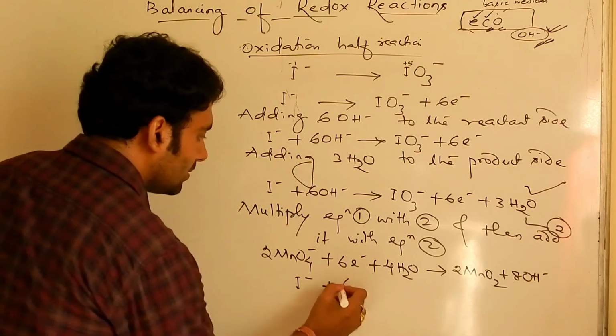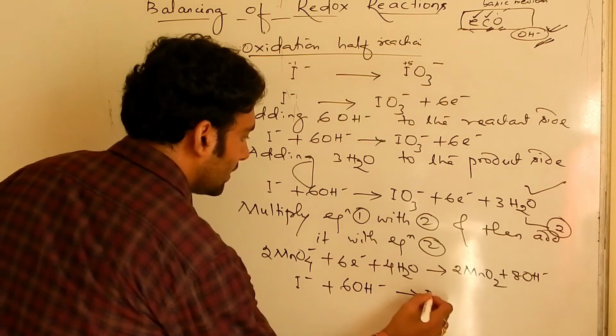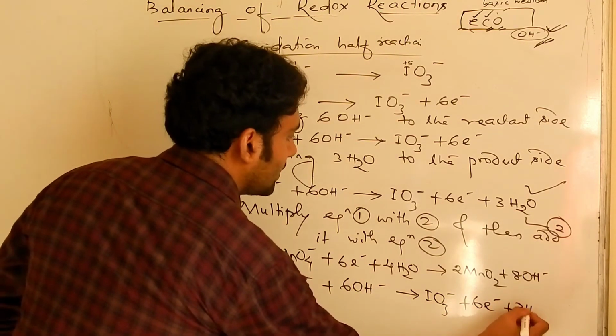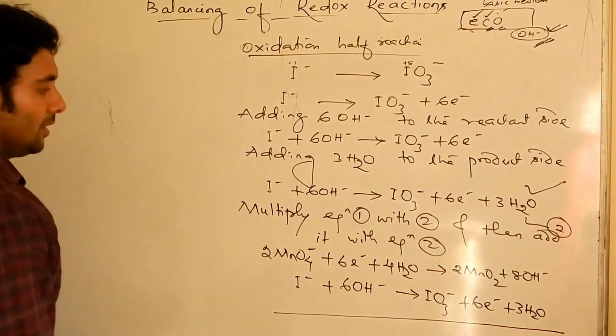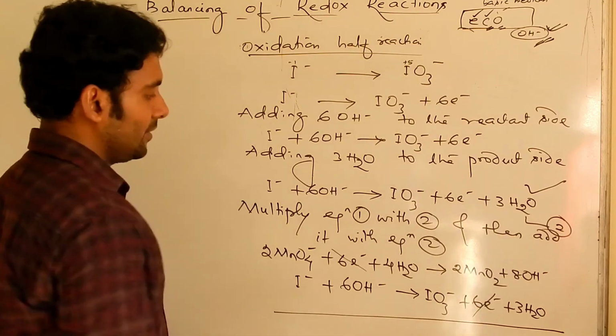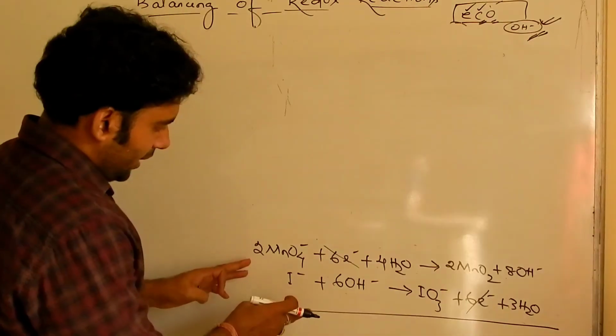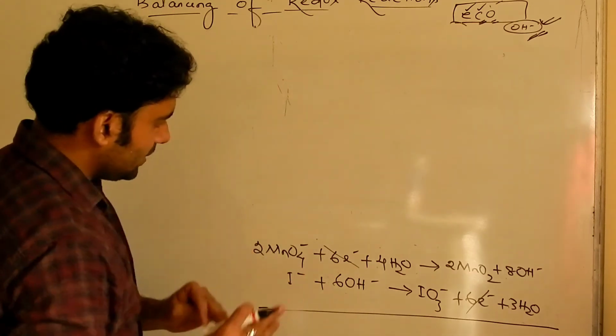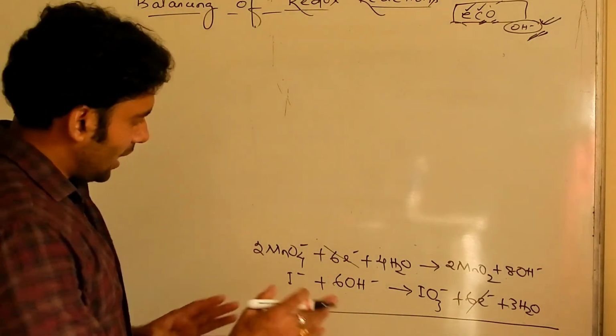I⁻ + 6 OH⁻ gives rise to IO3⁻ + 6 e⁻ + 3 H2O. So 6 electrons received, 6 electrons lost, so they get cancelled. We can write the overall reaction as follows. Look for the similar species present on either side.